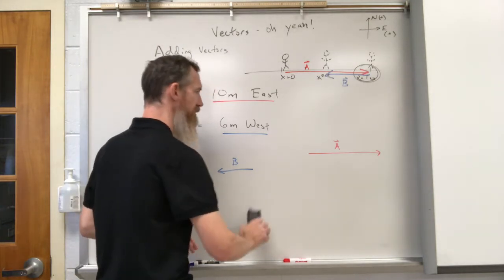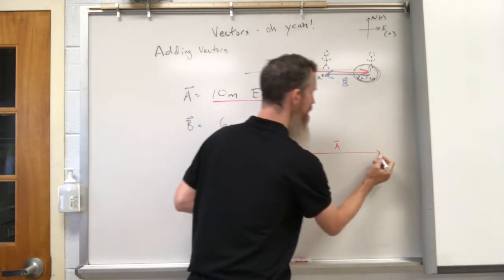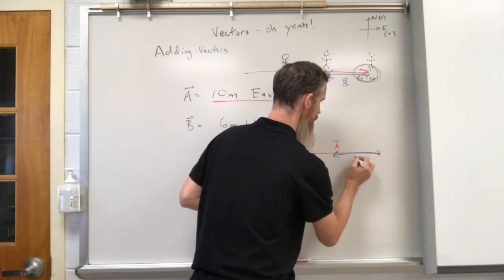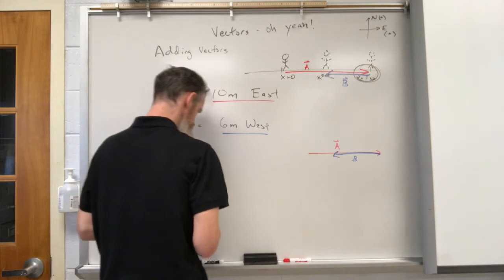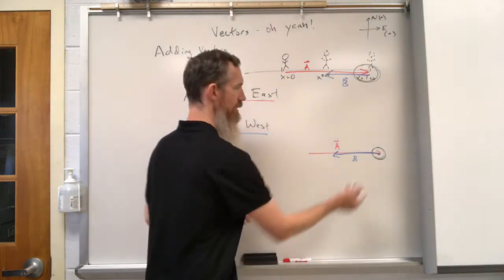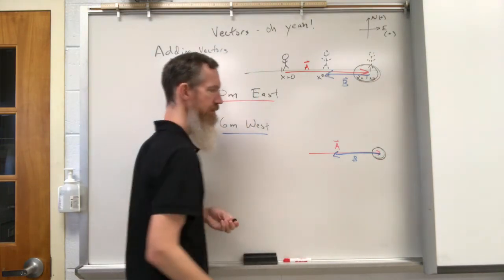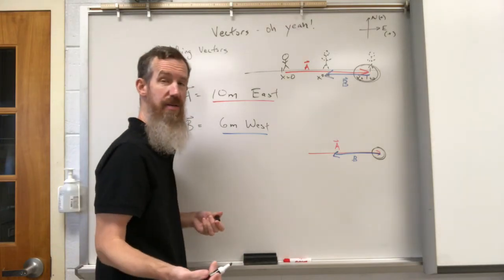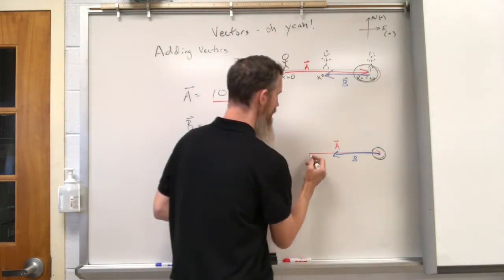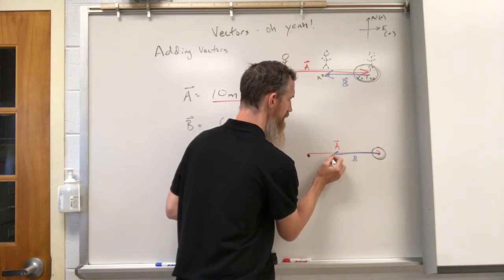you take those two vectors, you anchor vector A, and I'm then going to draw vector B connected, again, head to tail. So basically I'm going to start vector B on the end of vector A. The head of vector A is the start for the tail of vector B. The result of all this interaction is from the beginning of the first vector to the end of the last vector.